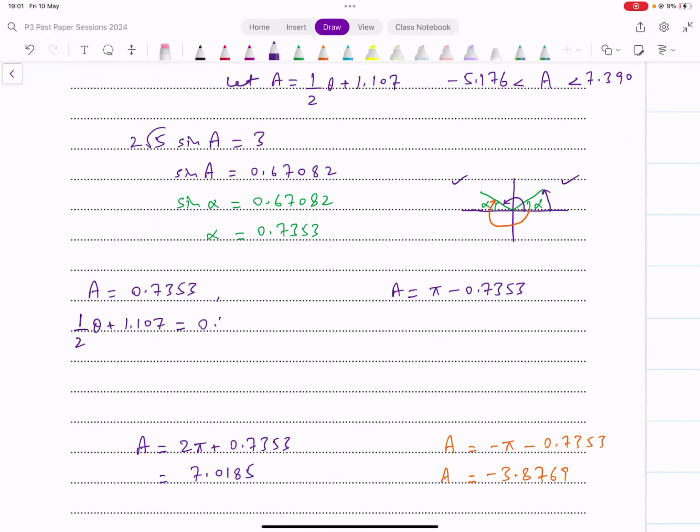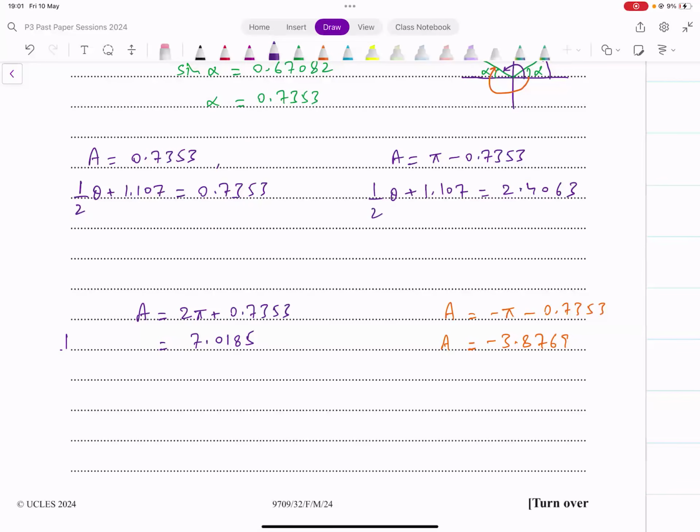So that either equals 0.7353, or half theta plus 1.107 equals pi minus 0.7353, that is giving me 2.4063, or half theta plus 1.107 equals this, or finally half theta plus 1.107 equals this. We will get 4 values for theta from here. Let's see what those 4 values of theta are.